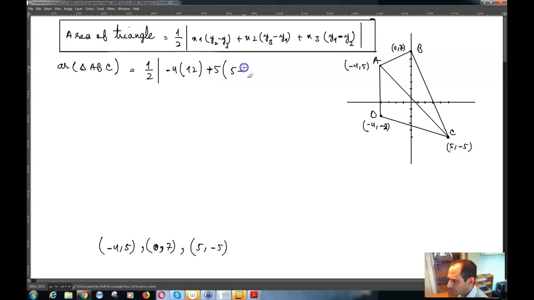This is equal to 1/2 times the absolute value of -4 times 12 plus 5 times -2.